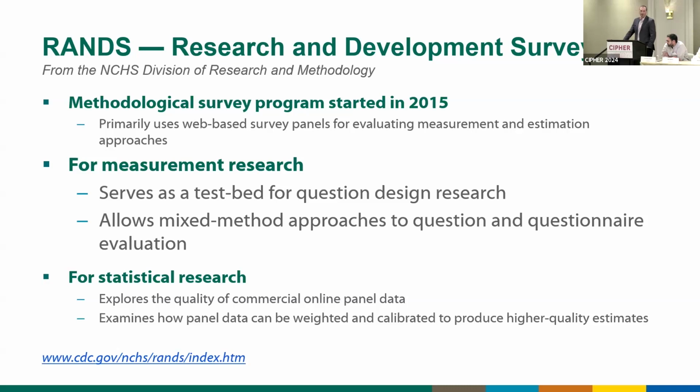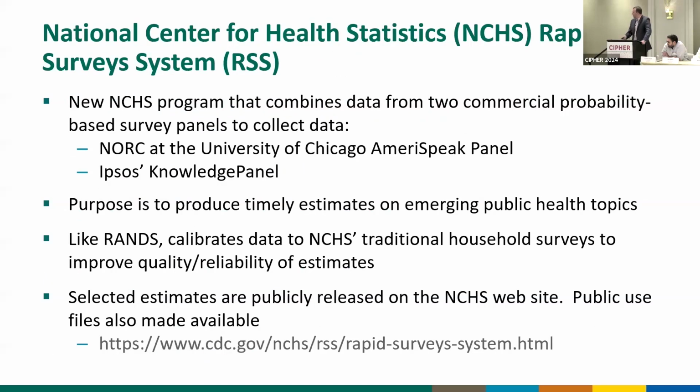Over the lifetime of the panel, we've used both the Gallup panel and NORC, and the data I'll talk about today comes from NORC. The other program that I probably won't have time to talk about, that Jim will be talking about in the next session, is our rapid survey system. So we'll hold that off, and Jim can, yeah, I think it might actually be your slide.